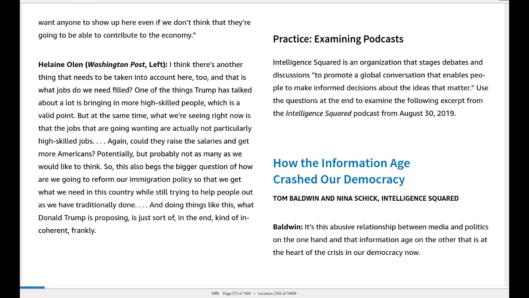Potentially, but probably not as many as we would like to think. So this also begs the bigger question of how we are going to reform our immigration policy so that we get what we need in this country while still trying to help people out as we have traditionally done. And doing things like this, what Donald Trump is proposing, is just sort of, in the end, kind of incoherent, frankly.